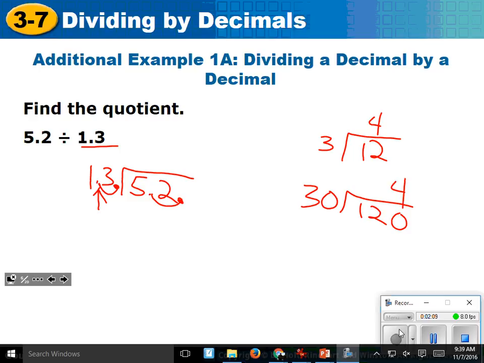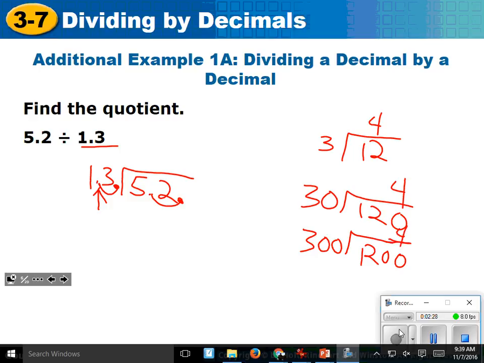It's 4. Let's multiply both of these by 100. What's my answer? 4.